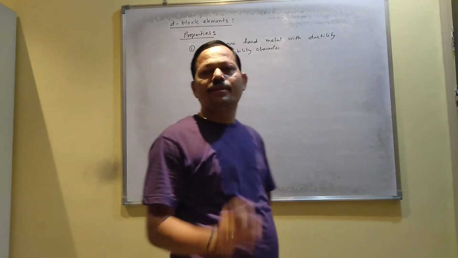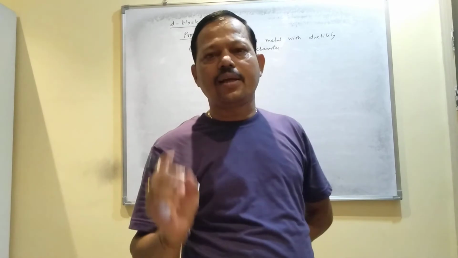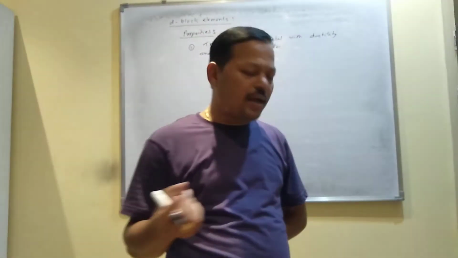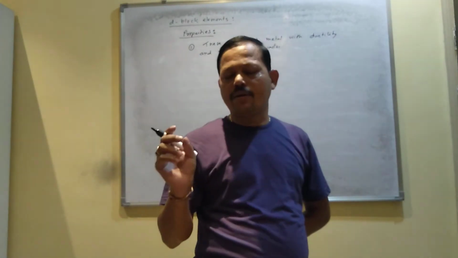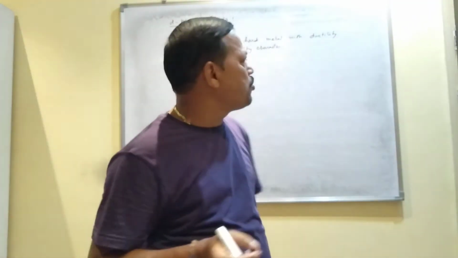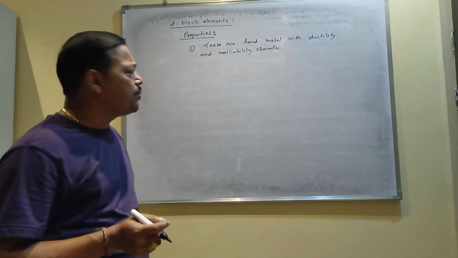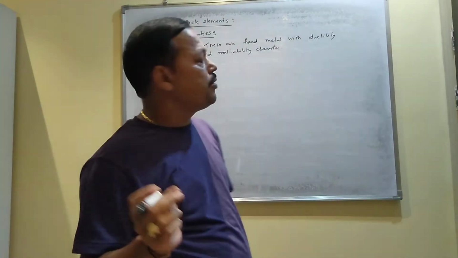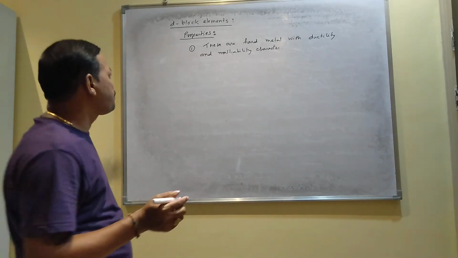So these d block elements are all metals, and they are very hard metals. You know, iron, manganese, these are hard metals, and they have the ductility and malleability property. I mean, you can make thin sheets, you can make wire from these metals.